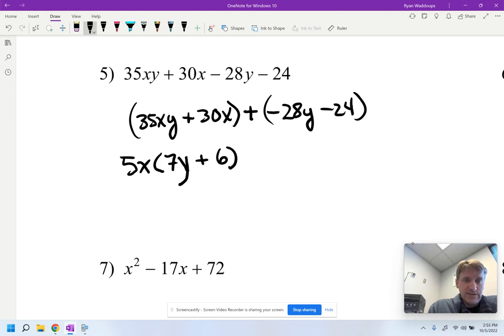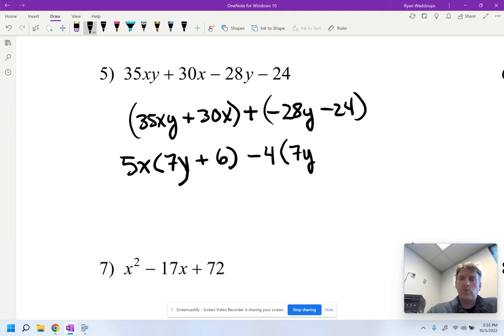5 times 6 is 30x. And then I've got negative 28y and negative 24. When you have a negative as your leading coefficient, you want to factor out the negative. And so both of those are multiples of 4. So I'm going to take out minus 4 times 7y, negative 4 times a positive 7, negative 28y.